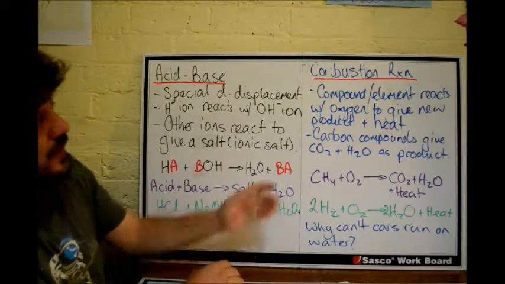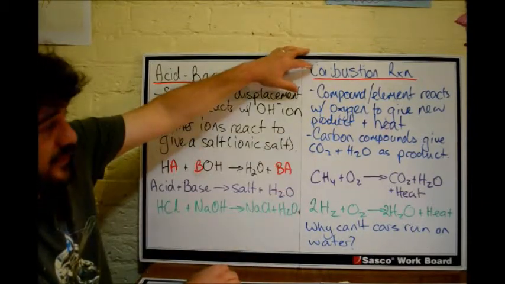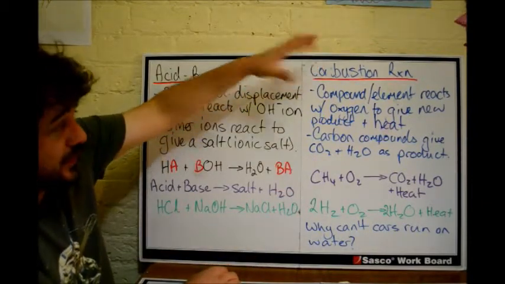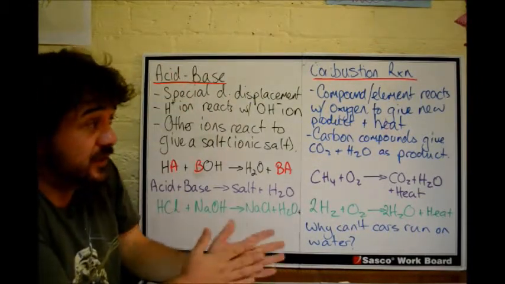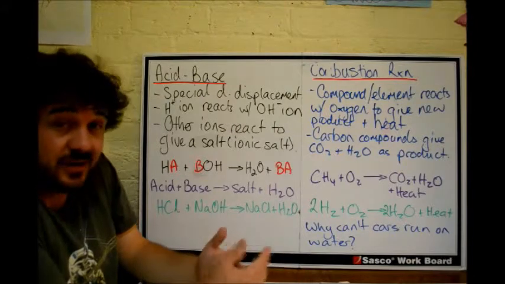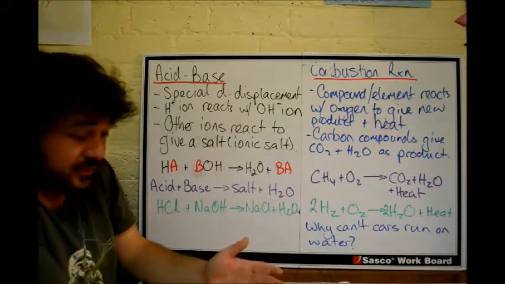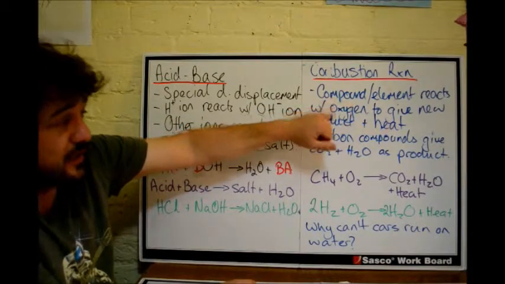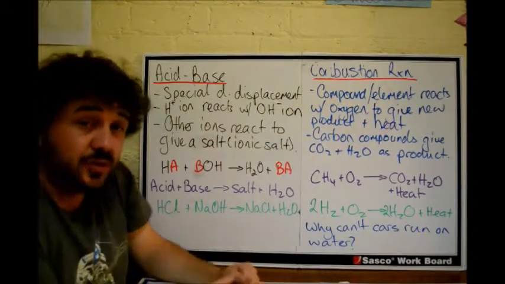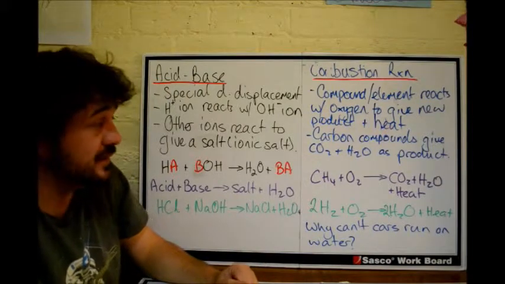All right. So the combustion reaction. That's what that says. Before my clumsy thumb rubbed that out, is where a compound or an element reacts with oxygen, or it oxidizes. So that's what we call it. It's oxidized. So a compound or element reacts with oxygen to give a new product plus heat.